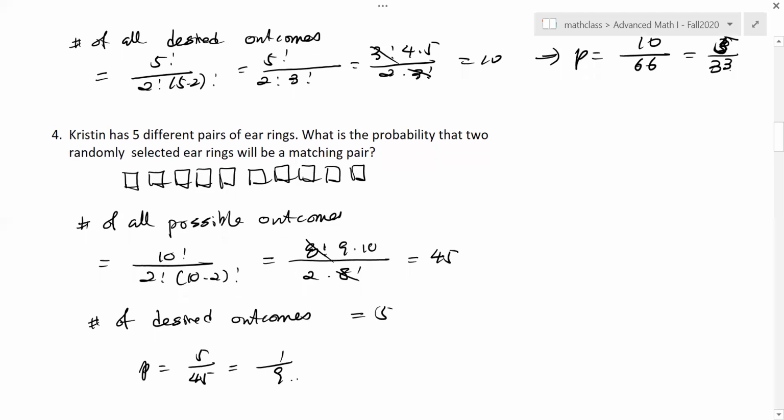You have to figure out the reason. You have to know why you put 2 there, right? There's no 10 matching pairs. There are 10 rings, but only 5 matching pairs.